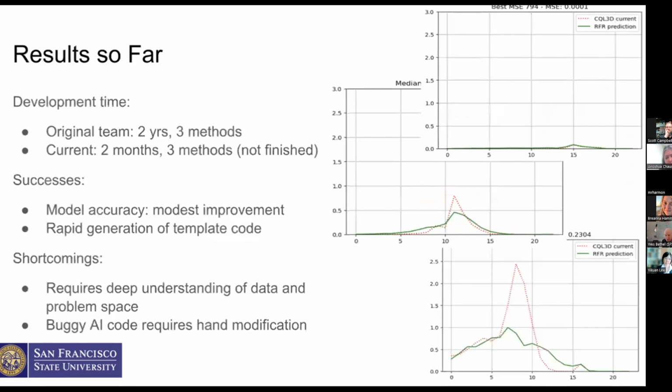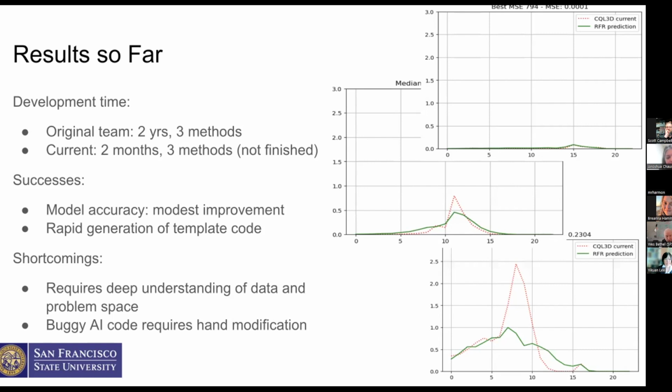Let's see the results so far. It took the original team more than 2 years to come up with 3 different methods. With the current approach, using AI to generate AI, in a couple of months we have the same 3 methods producing better model accuracy, but we're not quite done yet.